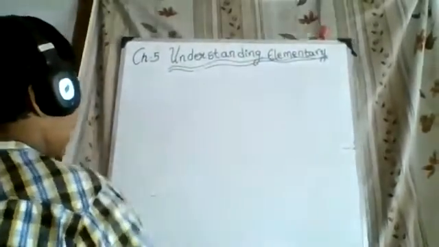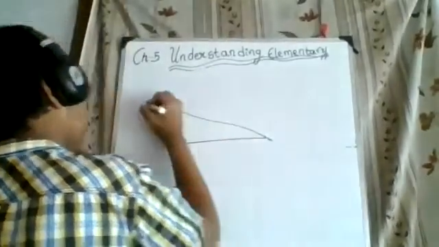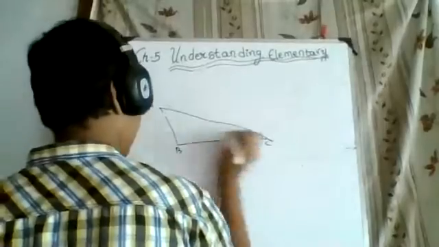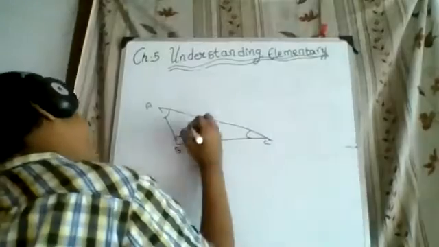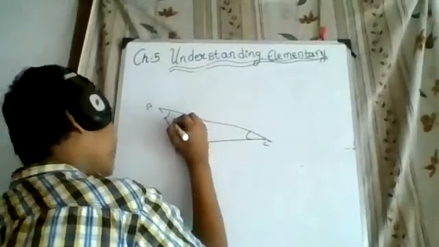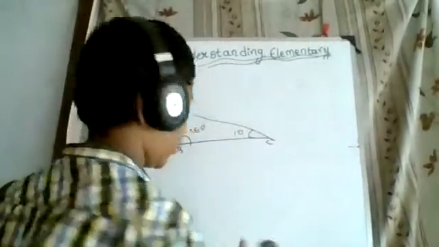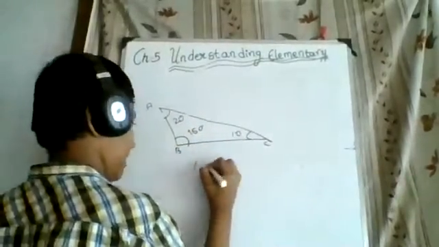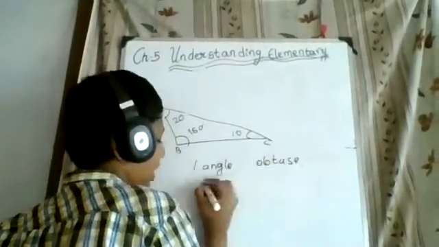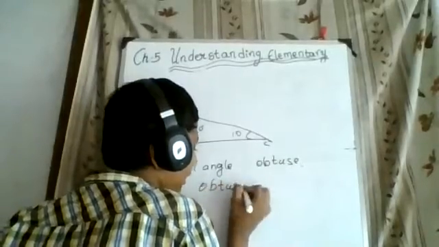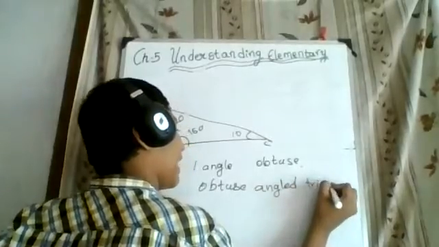And we also have the obtuse angle triangle. See, A, B. If one angle is obtuse, then the triangle is known as an obtuse angled triangle.